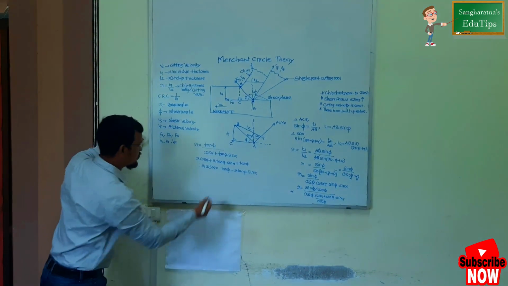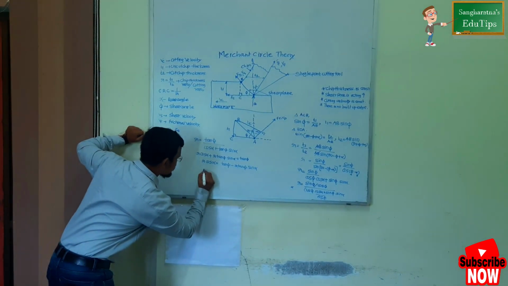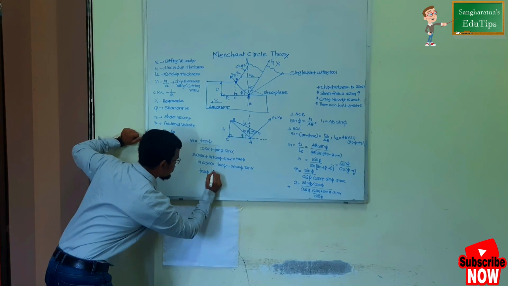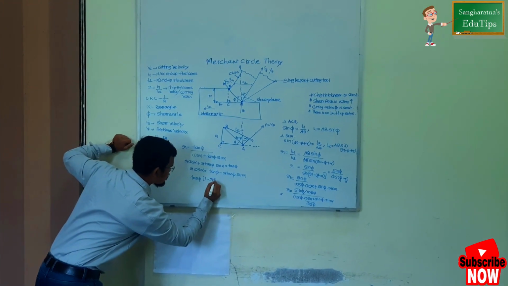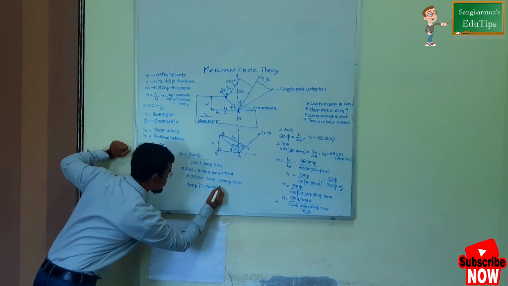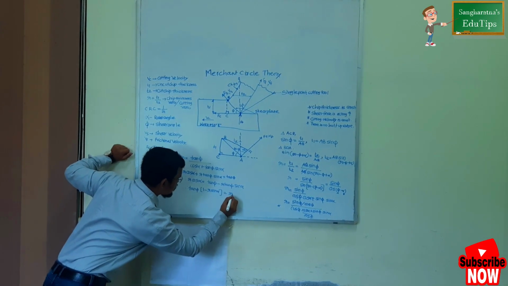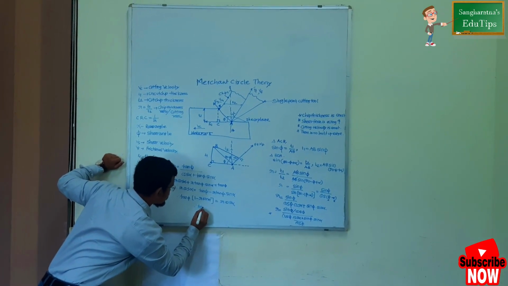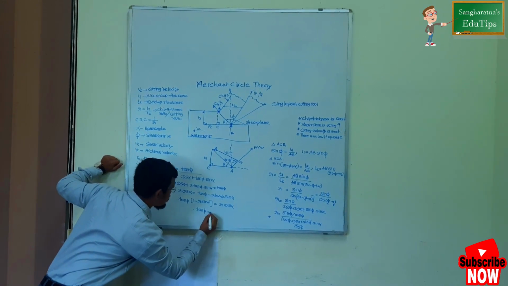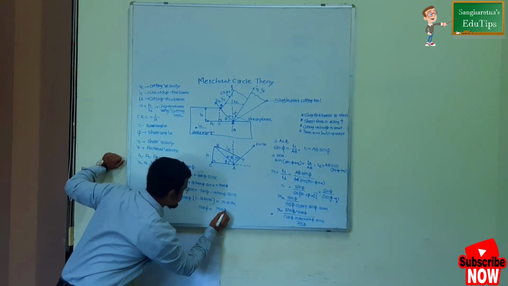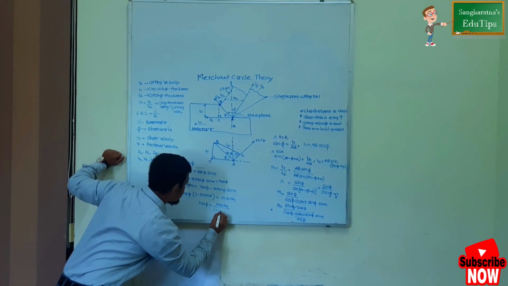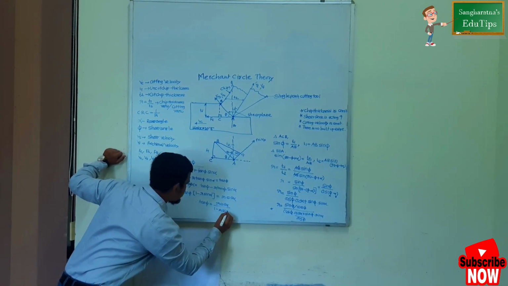We take tan phi common from the right side, so we get tan phi into 1 minus R sine of alpha, is equal to R cos of alpha. So tan phi will be equal to R cos of alpha divided by 1 minus R sine of alpha.